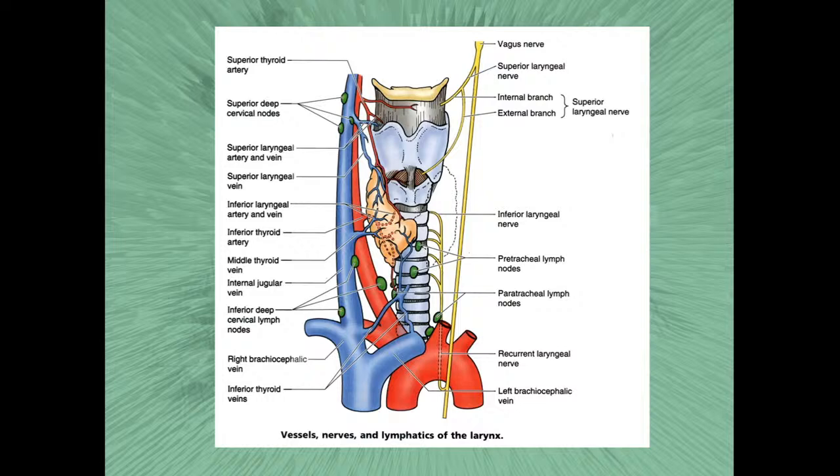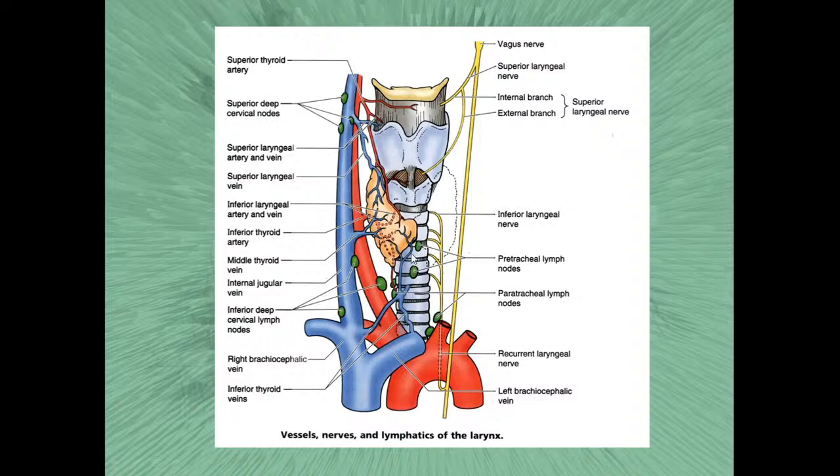Then through the lymphatic vessels, lymph gets to the regional lymphatic nodes. First group, superior deep cervical lymph nodes. You see the direction of the superior thyroid artery, and inferior deep cervical lymph nodes, direction of the inferior thyroid artery.